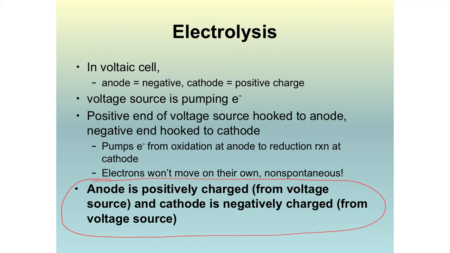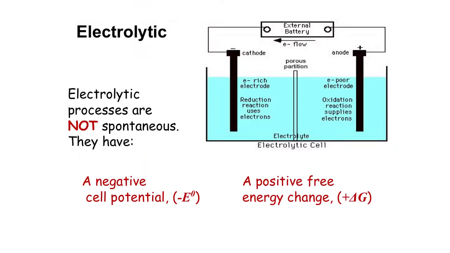So in our electrolytic cell, the anode is now positive and the cathode is now negative. But electrons still flow anode to cathode, oxidation still occurs at the anode, reduction still occurs at the cathode. The charges change because it is hooked up to its own electrical source, like a battery, which then causes the charges to revert.